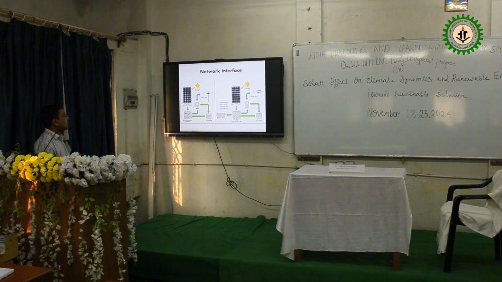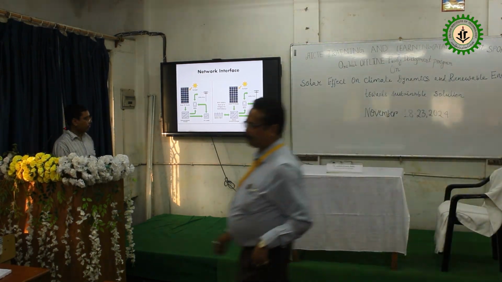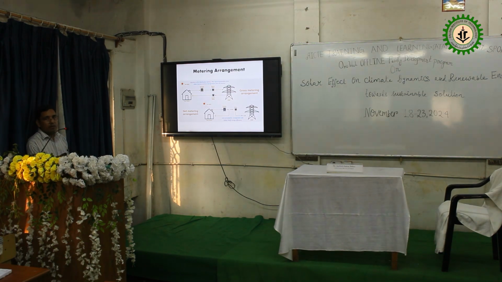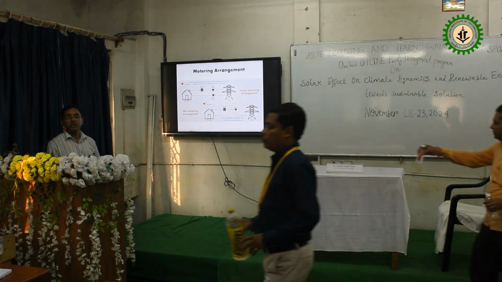This is just the arrangement of the off-grid system as well as the grid connected system as well as hybrid systems. Okay, this will be the grid connected system and this is the hybrid one. Here, metering arrangements. Yes, if we are installing, I am not talking only about solar, but hybrid or wind as well as solar, then also we have to decide the metering structure. Earlier, based on the gross metering arrangement, we could decide the total benefits or savings.